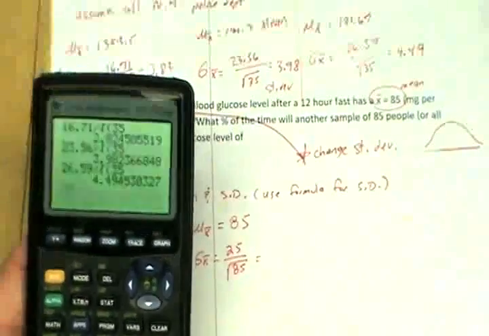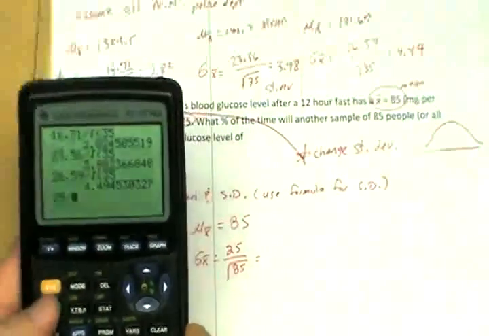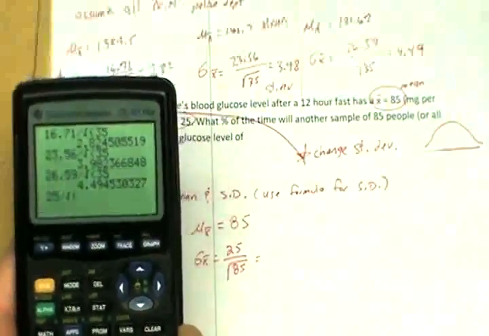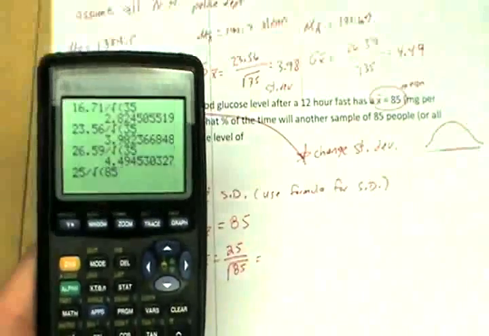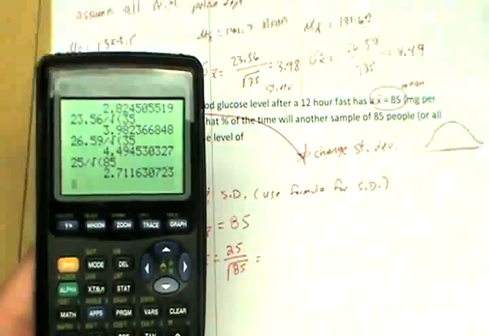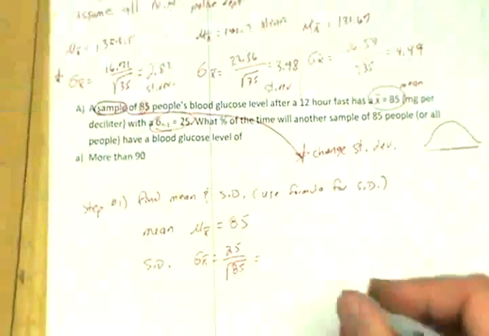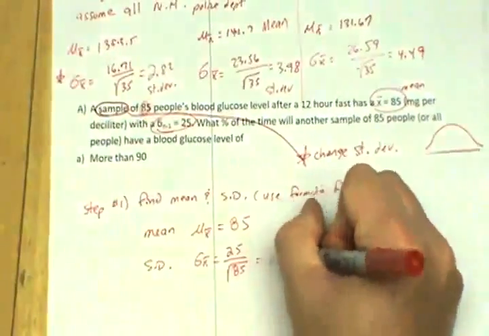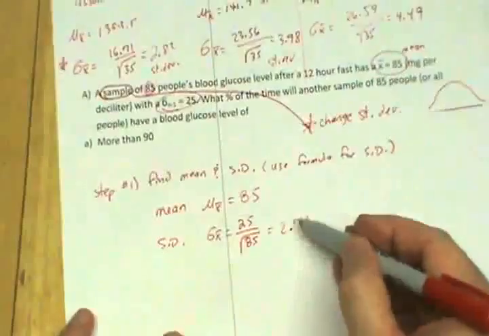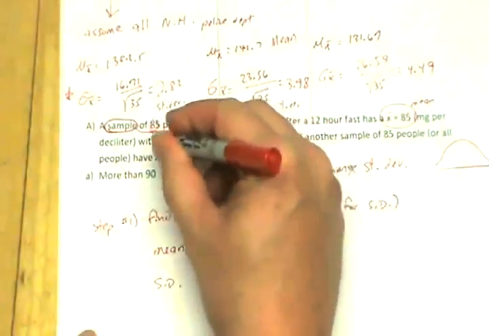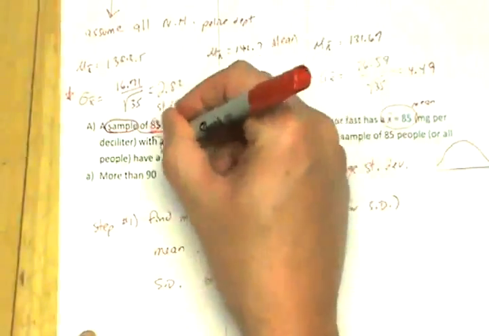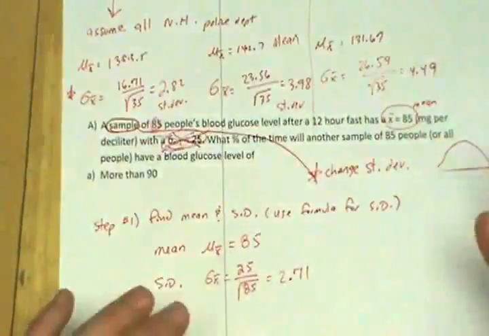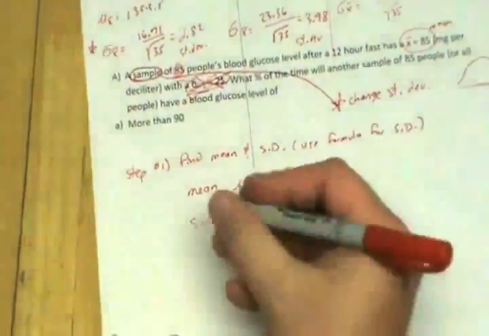So 25 divided by square root of 85. There we go, 2.71. So that's my mean, and that's my standard deviation. This standard deviation in the problem is now dead, in terms of we don't use it anymore. That's it, it's out.